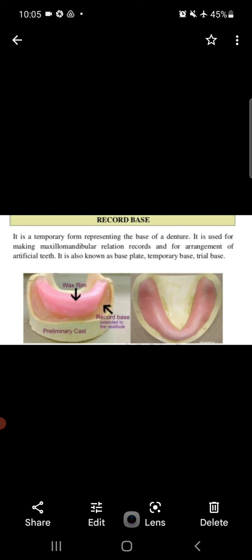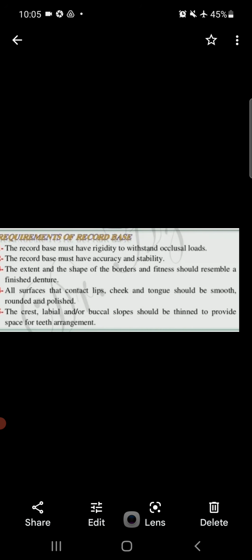Number 4, all surfaces that contact lips, cheek, tongue should be smooth, rounded and polished, because we should call the patient to check this record base in the patient's mouth before formation of the occlusal rim.